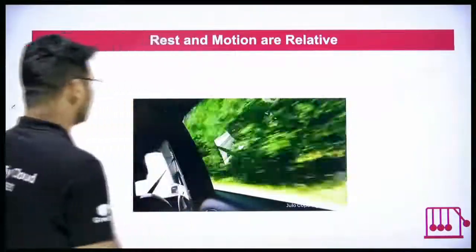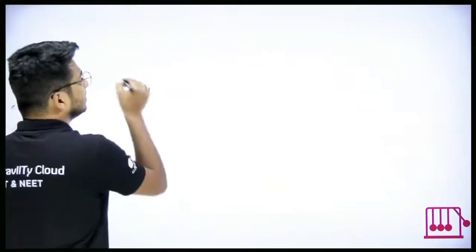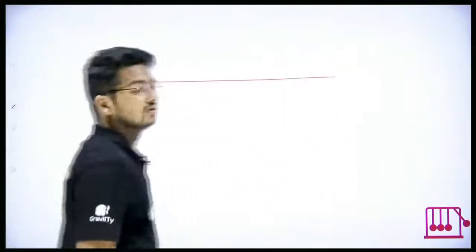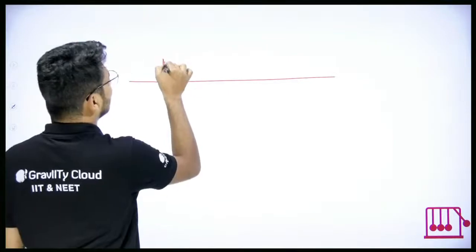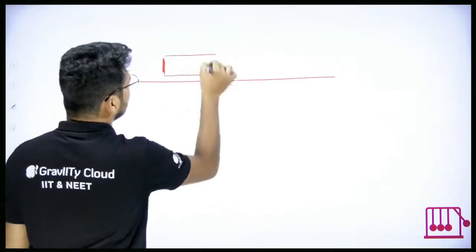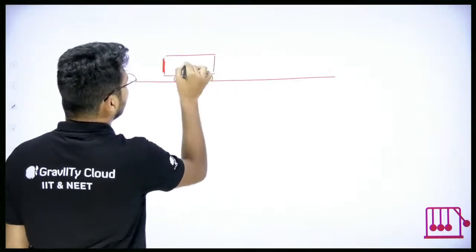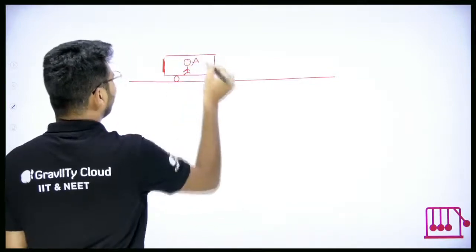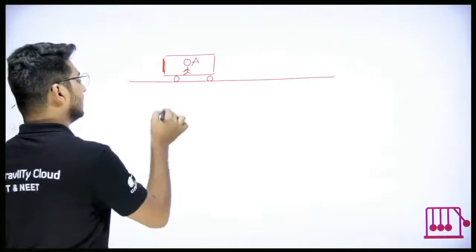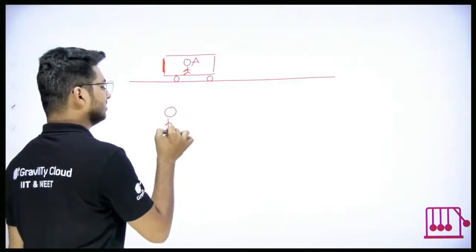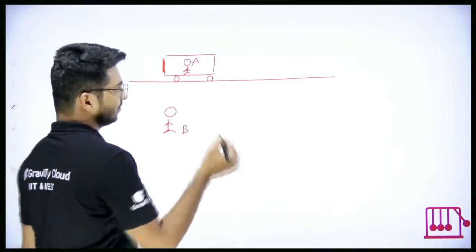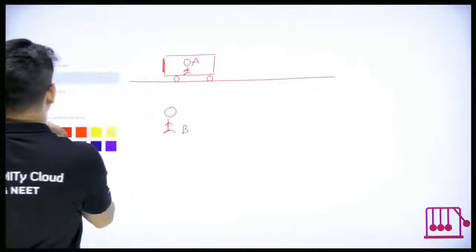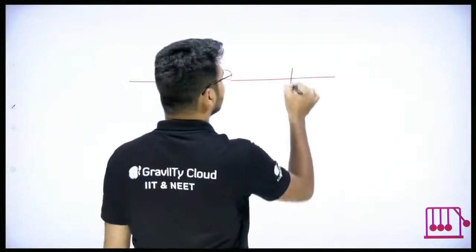So on which person? I'll take a simple example. Let's say this is a road, and let's say there is a car. Inside the car, let's say there is a person. I'll call that person A. Now outside, just beside the road, there's another person B. Now there is a tree here.